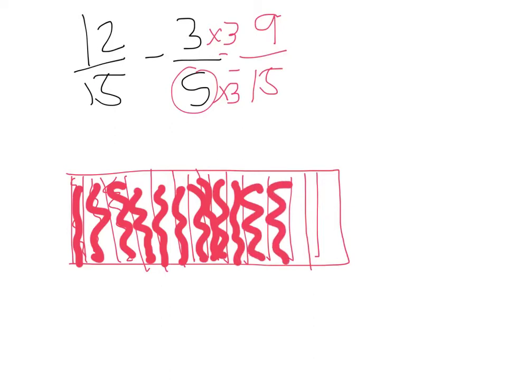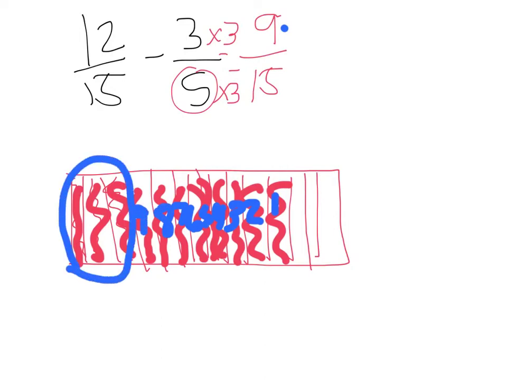But now that we notice that we are subtracting, that means we're going to have to take away 9. So let's go backwards. 1, 2, 3, 4, 5, 6, 7, 8, 9. And that's going to leave us with 3. What's the size of our pieces? 15ths left over. And that's it.